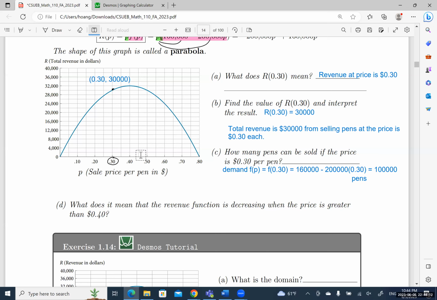Even though you might think if you increase the price, the revenue is supposed to be higher. Well, not really. It actually depends on two things: the demand and the price. If you increase the price, the demand could be lower, since who wants to buy a pen at a very high price? No, right?